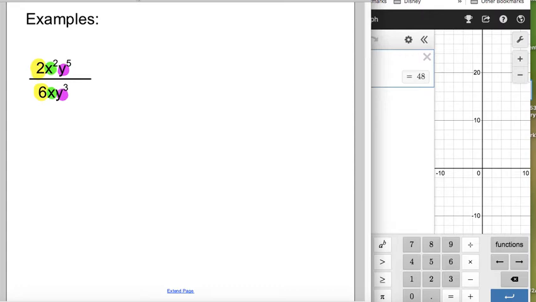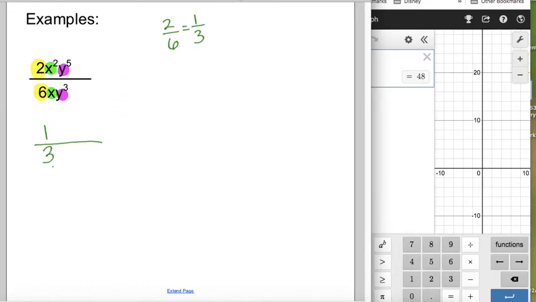So those are the 3 parts that we're going to have to look at. Starting with the coefficients, the 2 and the 6. Thinking about this as a fraction, if you saw the fraction 2/6, and you wanted to reduce this, they can both divide by 2, which would reduce and give you 1/3. So the coefficient part of it reduces to 1/3.